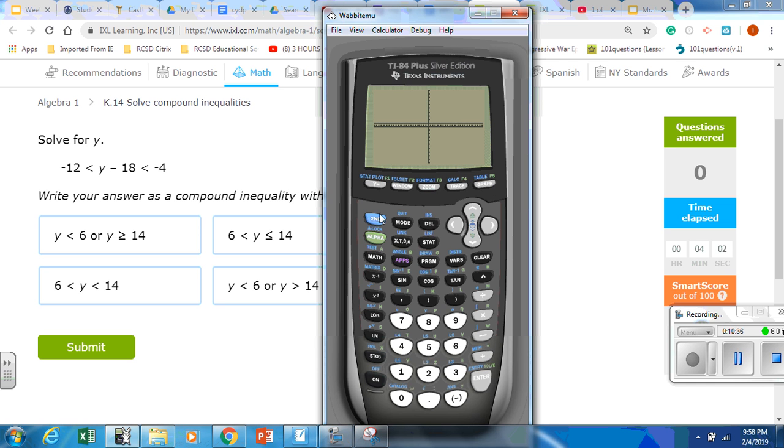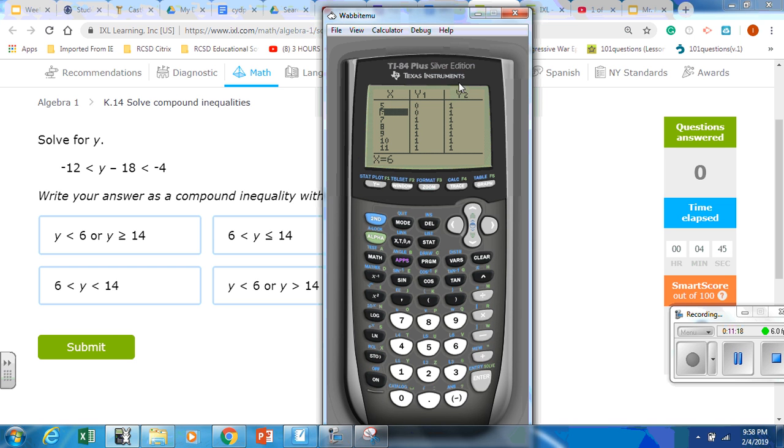So we're looking for a value of y that is greater than 7. Okay, or greater than 6. Yep, it's got to be greater than 6.